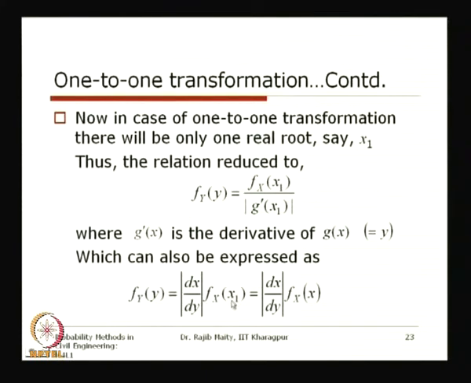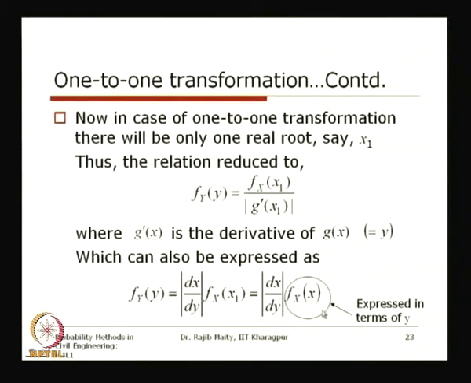As there is only one root, there is no x2, x3, x4, so we are just replacing it in terms of x. Because this is f_Y, the full function should be expressed in terms of y.